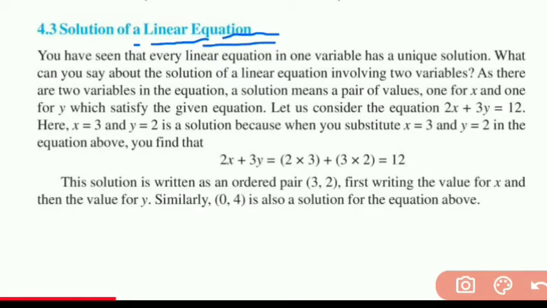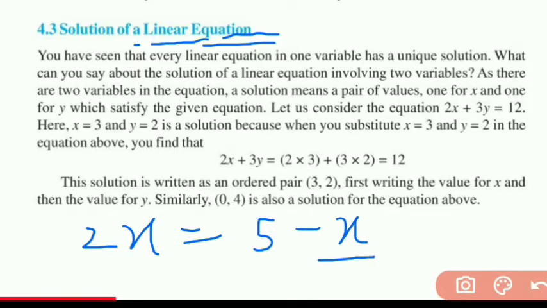Linear equation in one variable you can solve easily by transposing. Suppose the equation 2x = 5 - x is given to you. You will transpose x from the right side to the left side.